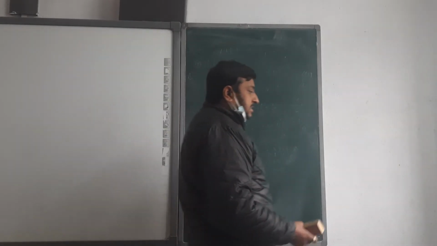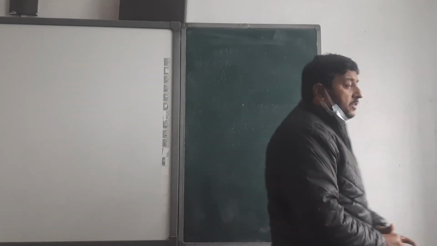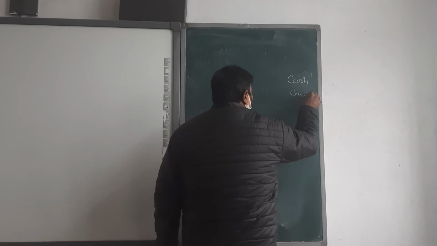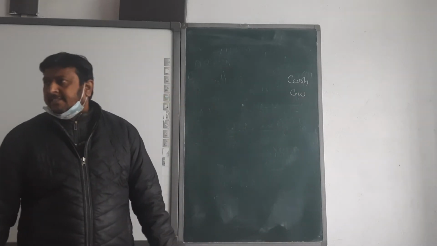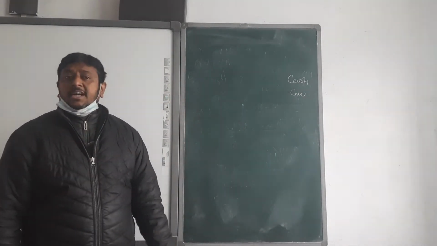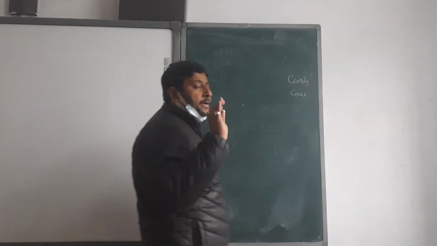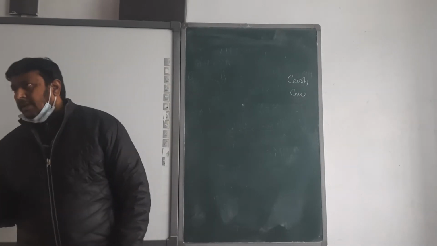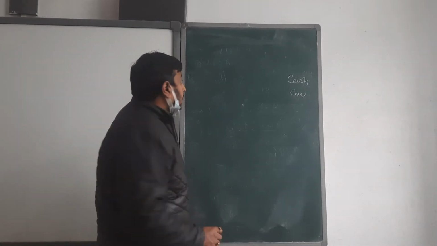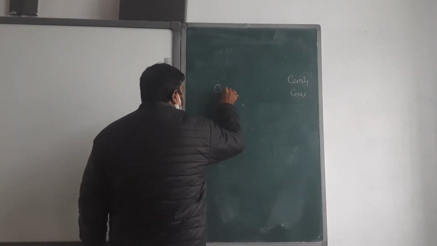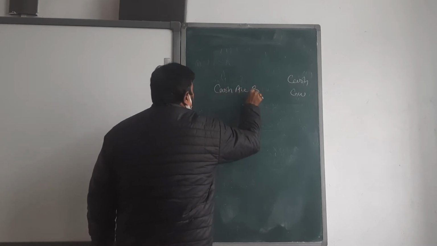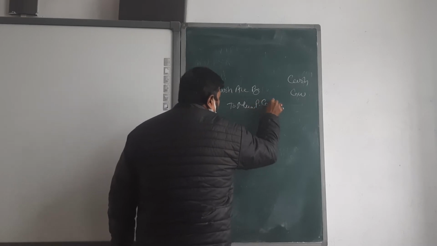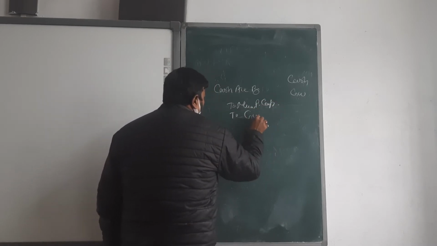When a new partner is coming in, they will come with cash and goodwill. Maybe the goodwill is not coming in cash, but the capital will come in cash. At the time of admission of a partner, when they are coming with cash, goodwill and capital, then the entry is: cash account debit, to new partner's capital, to goodwill.